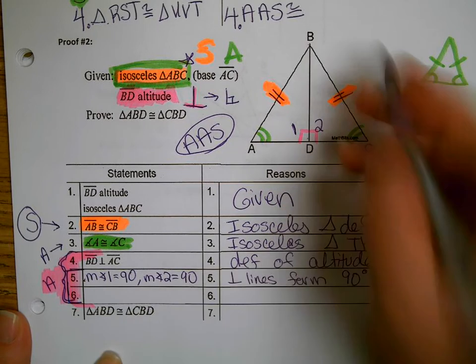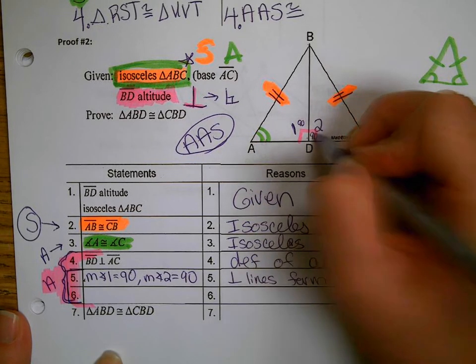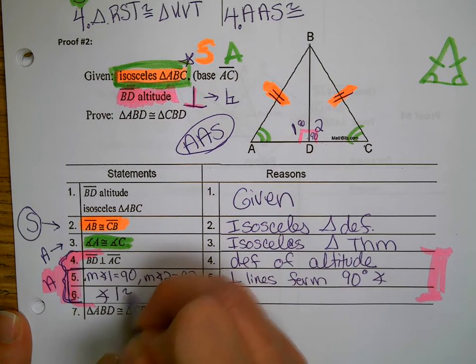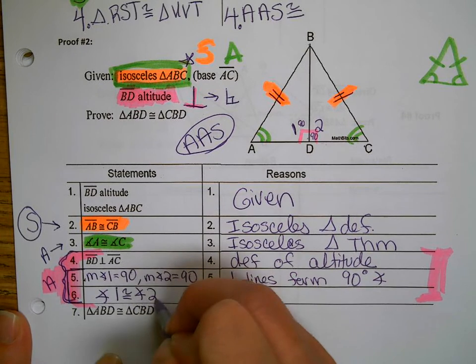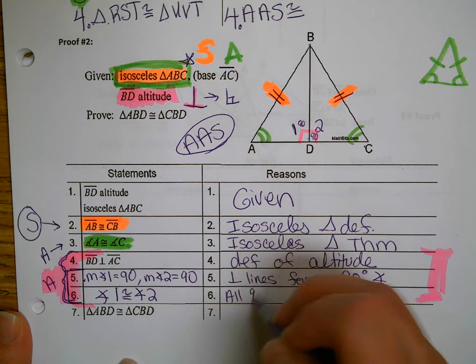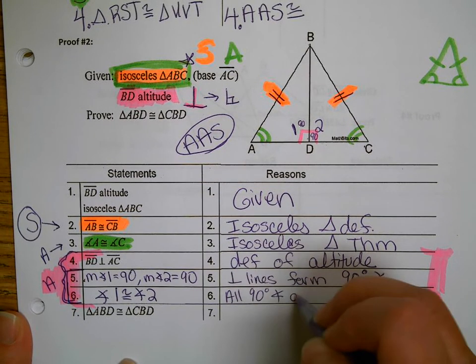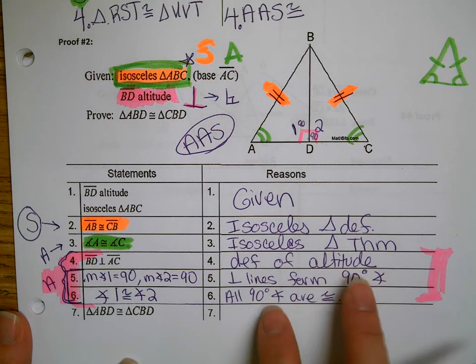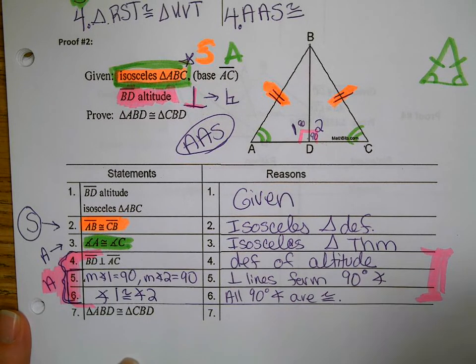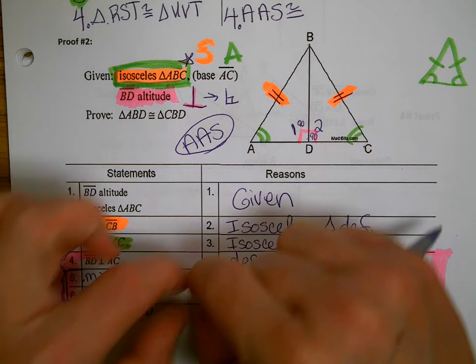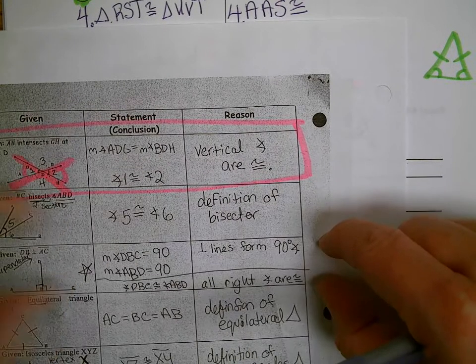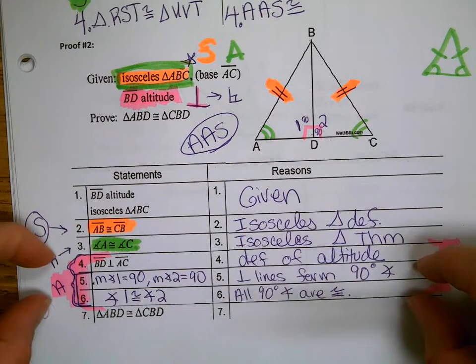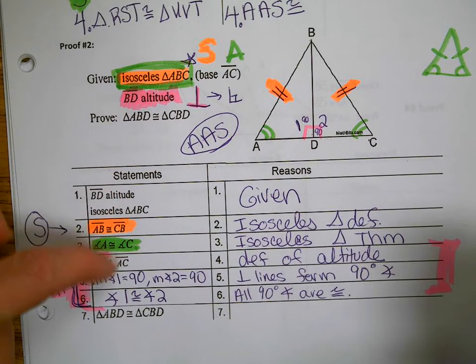If those two angles are each 90 degrees, then they're congruent to each other. Angle 1 is congruent to angle 2 because all 90-degree angles are congruent, or all right angles are congruent. I might say this a little different in the next proof that might make sense to some of you, but essentially I'm taking these two lines and pasting them into my proof because I had that perpendicular symbol.